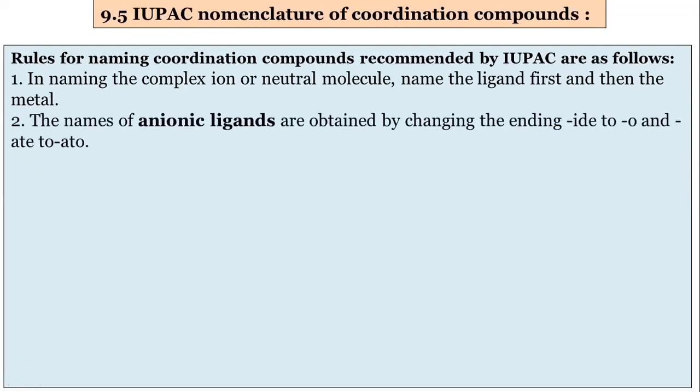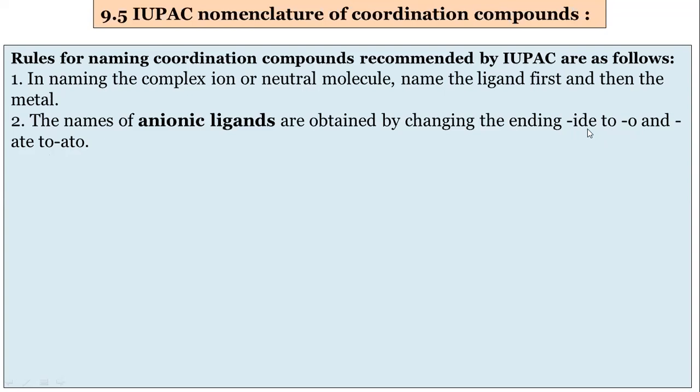So what is rule number 2? The names of anionic ligands. Anionic means the ligand is negatively charged, means there is a negative charge on the ligand. If the ligands are negative, the names of the negative ligands are obtained by changing the ending -ide to -o and -ate to -ato.